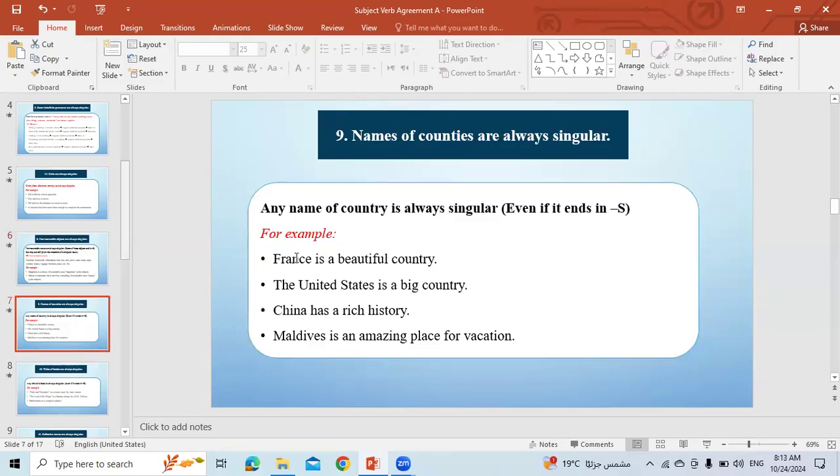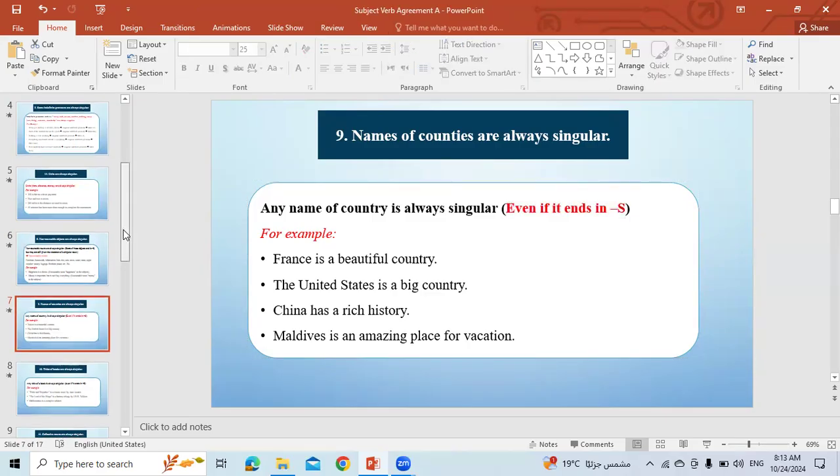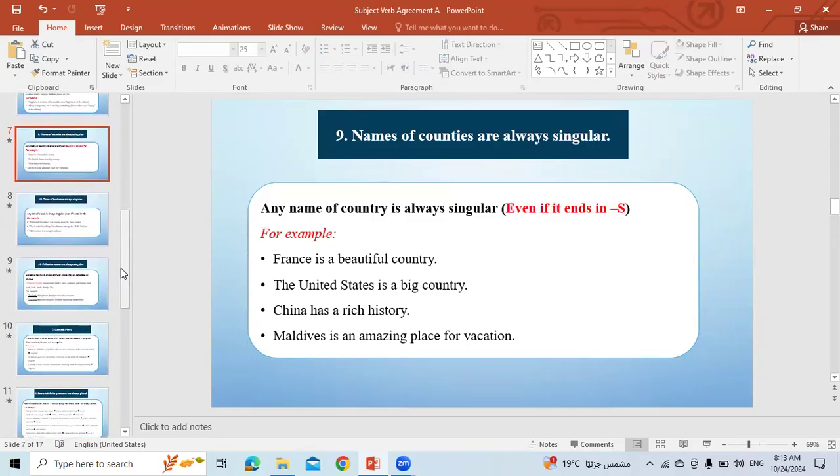Rule number 4: countries are always singular, even if they end with s. Remember what we said in class once? We have s-ending words like physics, mathematics. They end with s, but they are singular. Teacher, can you repeat this?